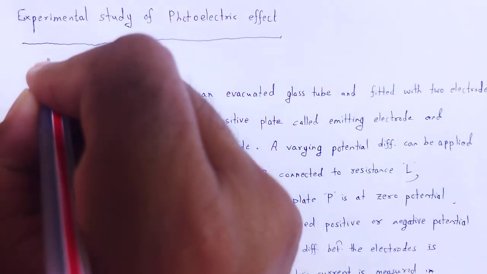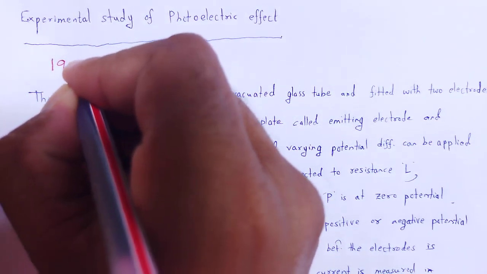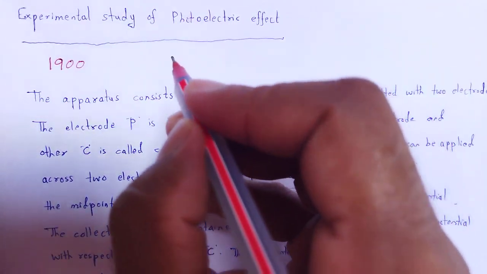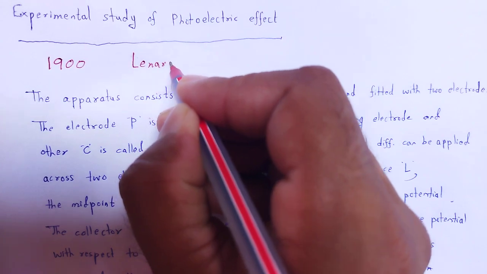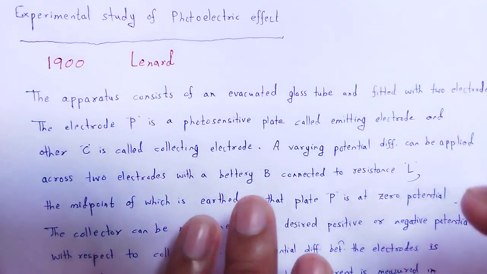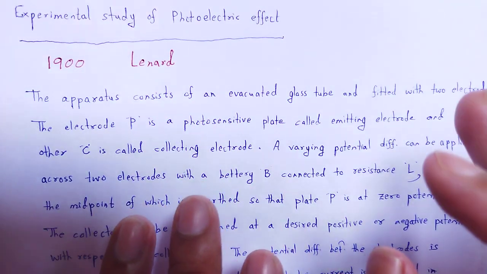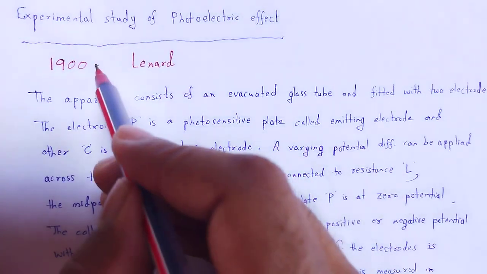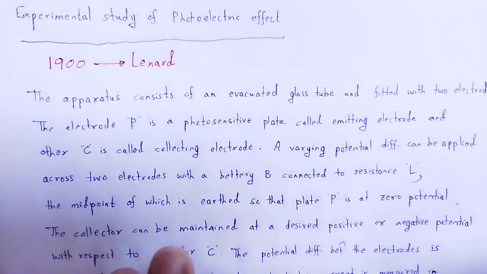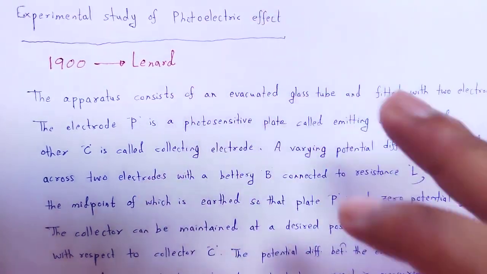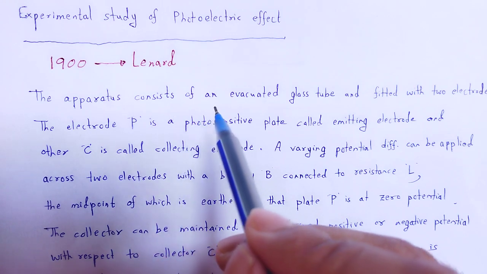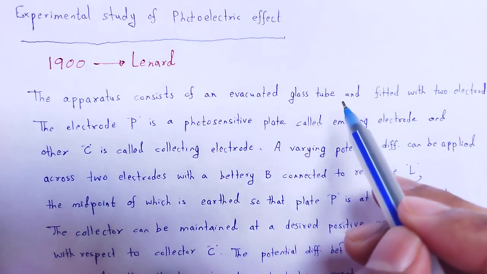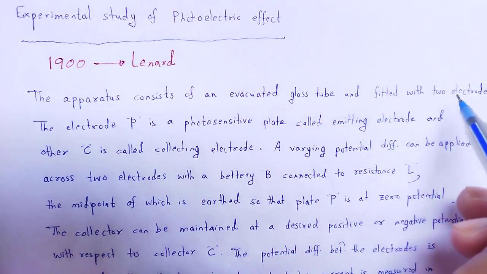In the year 1900, the scientist Leonard studied the photoelectric effect experimentally. His experimental setup: the apparatus consists of an evacuated glass tube fitted with 2 electrodes.